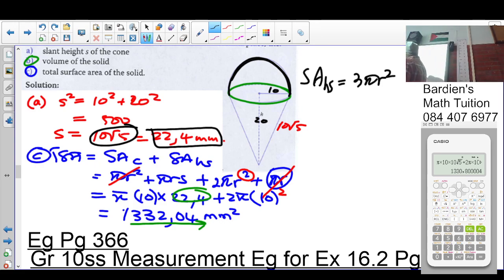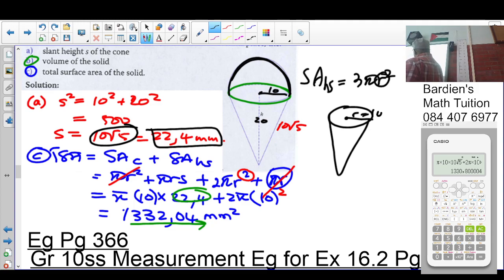So the radius of this hemisphere is 10. We're looking at the cone. The radius of that cone is 10. So I have to use 10. I don't understand why you wouldn't want to use 10. Maybe you can rephrase your question? Are you thinking that the 10 is inside?